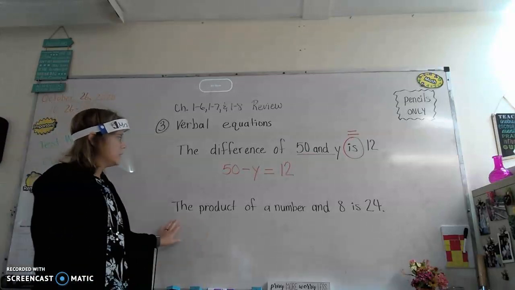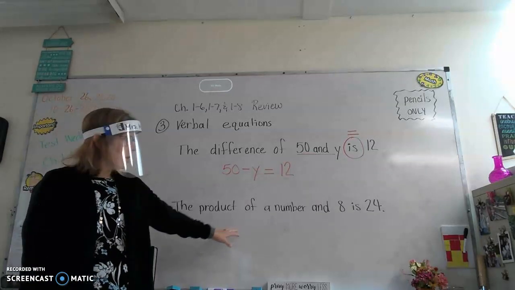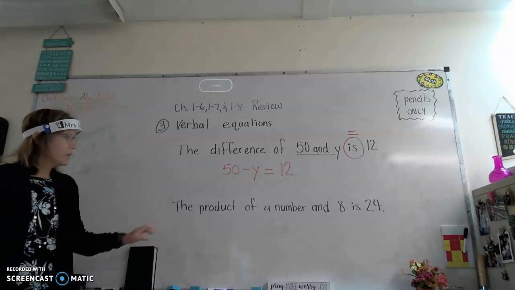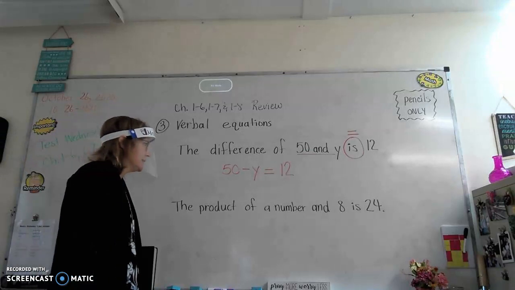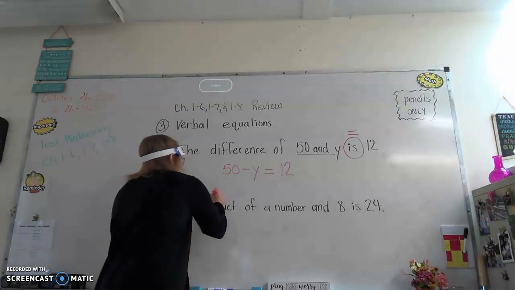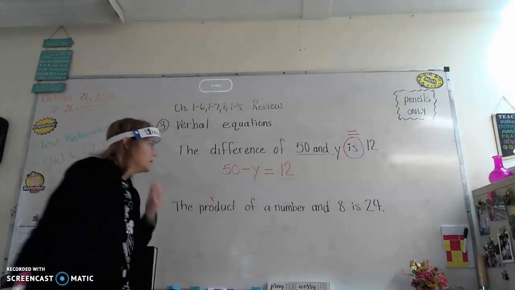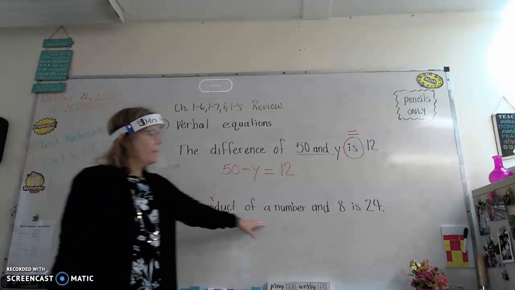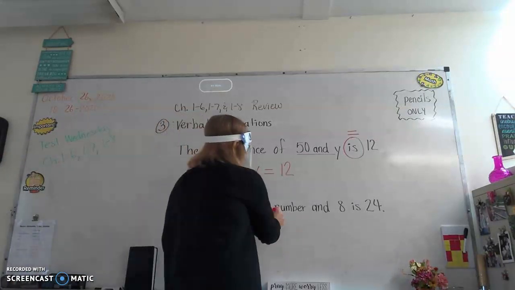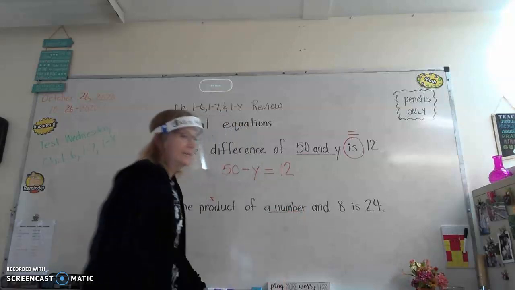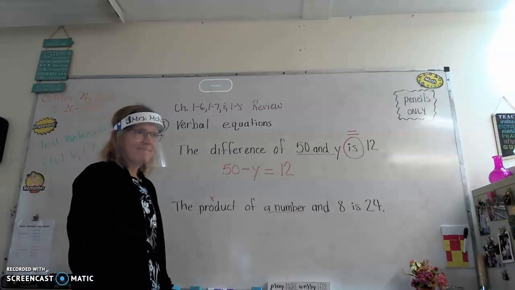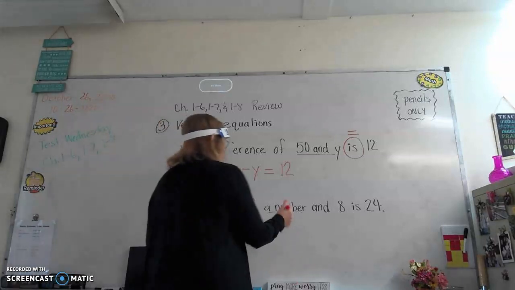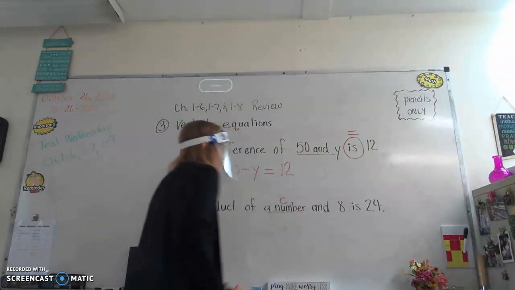So the next one says the product of a number and 8 is 24. What does product mean? Product means multiply. The product of a number, what do we use for a number? N or C, whatever you want. Let's use C because we haven't used C yet.